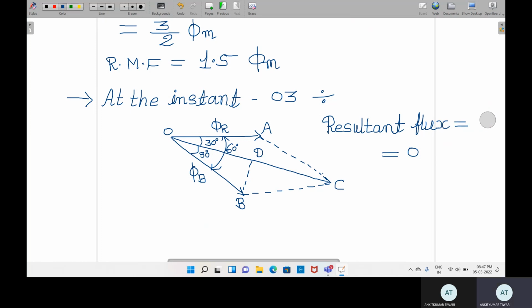Resultant flux is equal to OC, which is the resultant of OA and OB, and OC is divided into the OD.